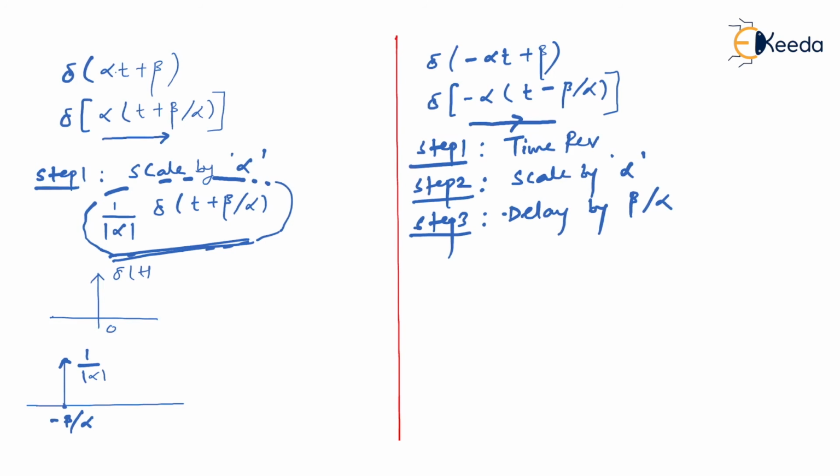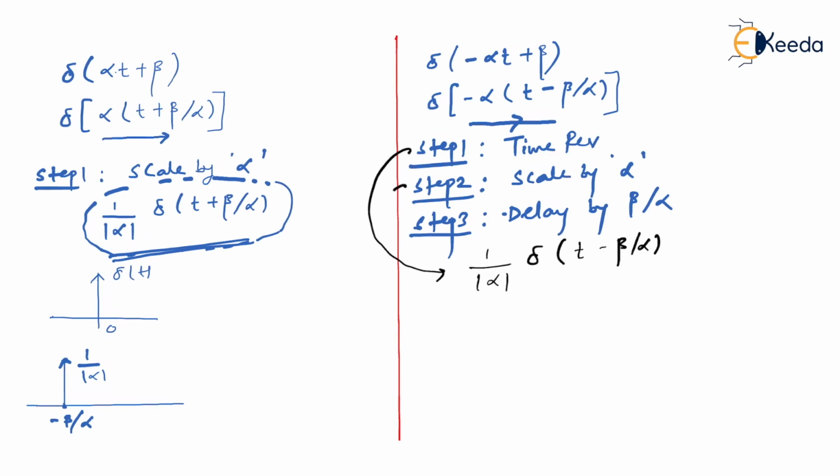So step number 1 says do time reversal. You know that time reversal does not affect the delta signal because the delta signal is always an even signal. Therefore, for step number 1, we are going to get what? 1 upon mod of alpha del of t minus beta by alpha only. Is that right?